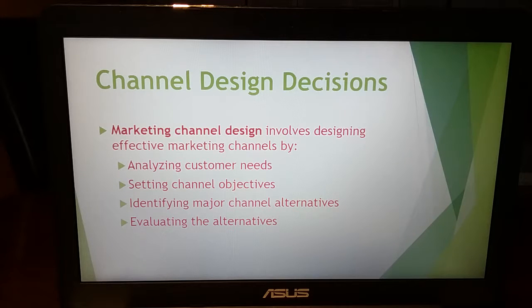What are your corporate objectives? What's your channel objective? So, for example, iPhones, right? In the beginning when they first come out they always limit the distribution because they're trying to create scarcity. That's one objective, to create scarcity in the market. So they might limit where they're going to sell the product at first.